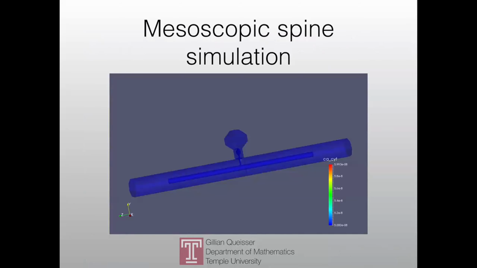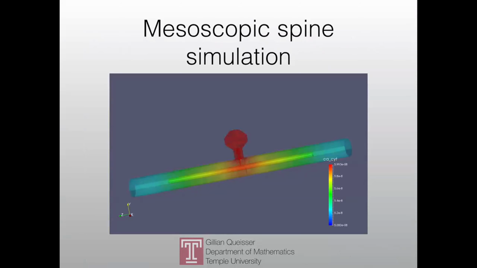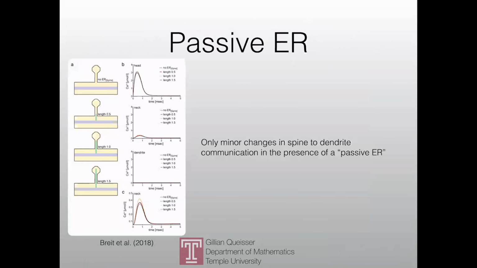So I'd like to give a brief example of calcium dynamics and a study we performed using these techniques. We're interested again in a spine region that's connected to a piece of a dendrite. Embedded is the endoplasmic reticulum that can grow into the spine itself.